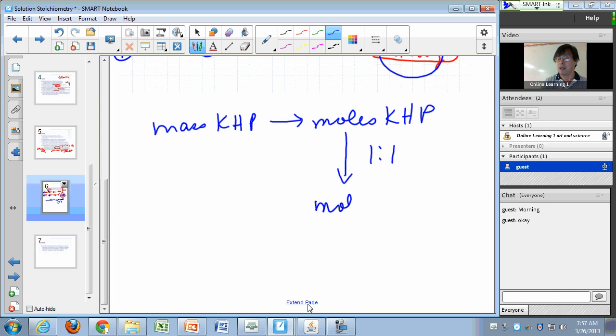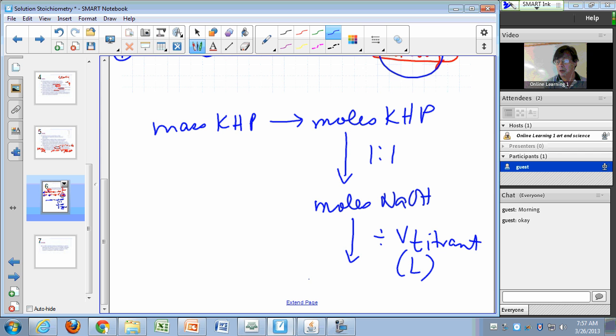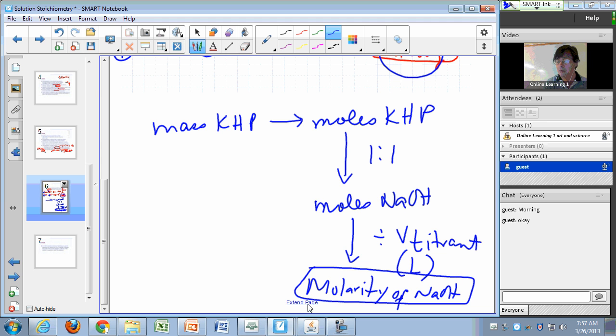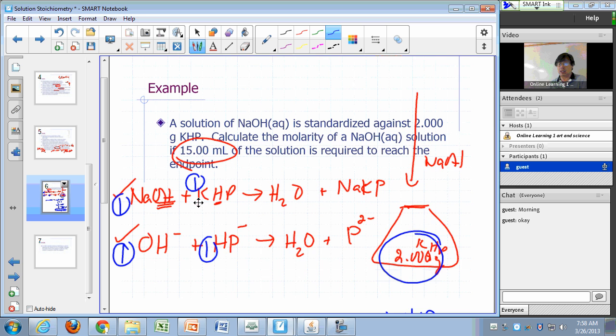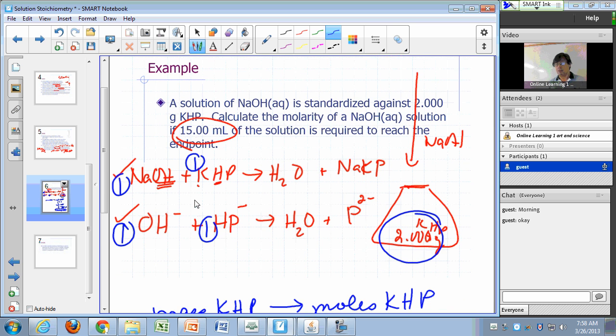That will allow you to figure out the moles of sodium hydroxide. Okay? And then from the moles of the sodium hydroxide, you divide that by the volume of titrant used. Your titrant is your sodium hydroxide, divided by the volume in liters. That will give you the molarity of sodium hydroxide. So our goal in this experiment, in this titration, is to determine the molarity of sodium hydroxide accurately, precisely. That's why it's called a standardization titration.